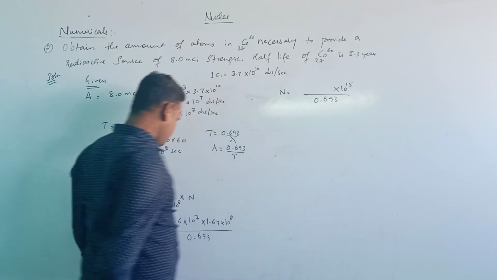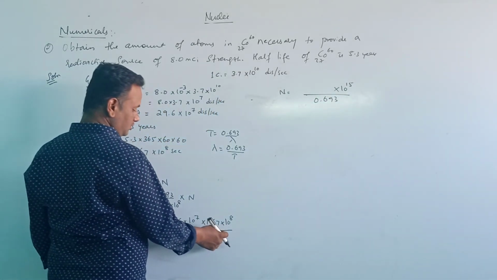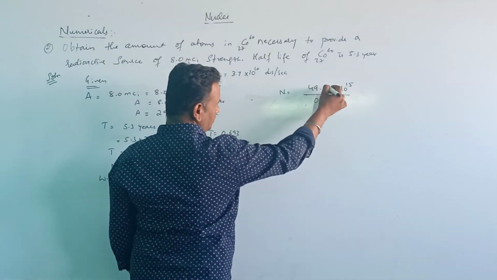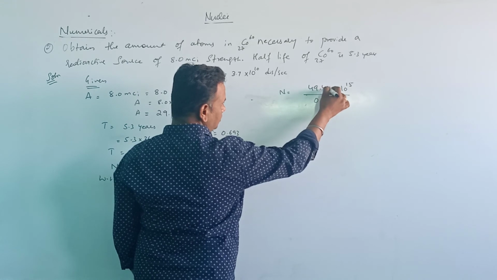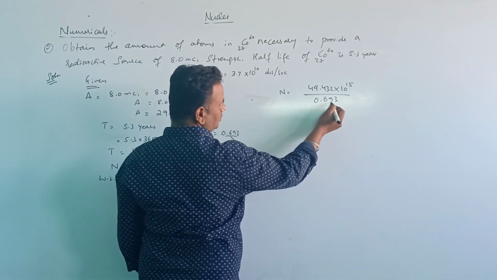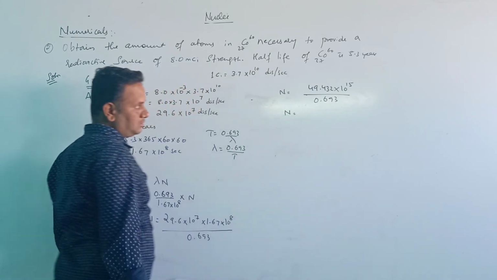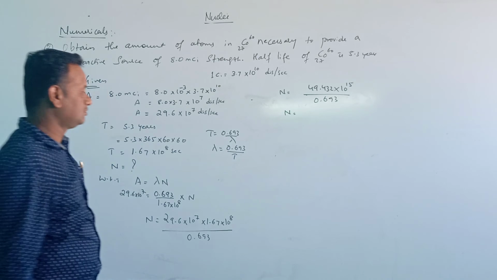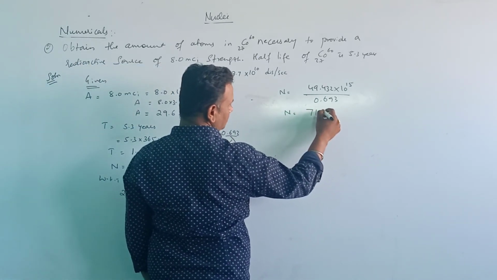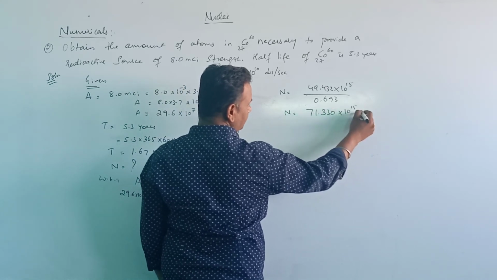How much did you get after dividing? 71.330 into 10 to the power of 15 gram.